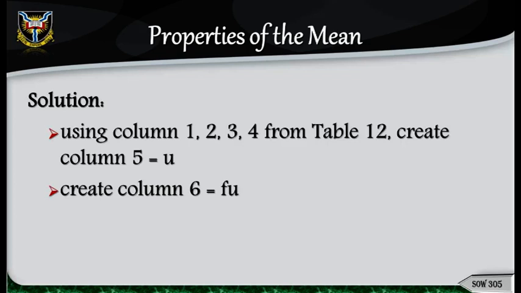We calculate using the formula x bar overall equals n1 x bar 1 plus n2 x bar 2 plus up to nk x bar k, divided by n1 plus n2 plus up to nk, where n1, n2, nk are the numbers of scores in the first, second, and last group, and x bar 1, x bar 2, x bar k are the means of groups 1, 2, and the last group respectively.